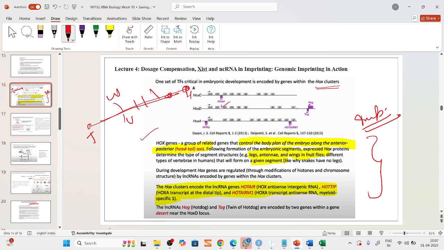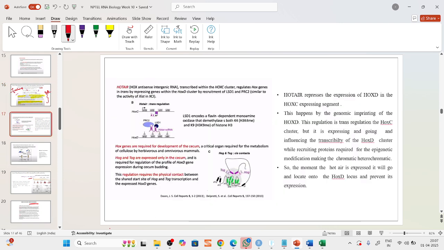Hox genes are a group of related genes that control the body plan of the embryo along the anterior-posterior axis. And Hox is actually a cluster of genes, and these include long non-coding RNAs such as HOTAIR, HOTTIP, HOTAIRM1, and these long non-coding RNAs have different functions also.